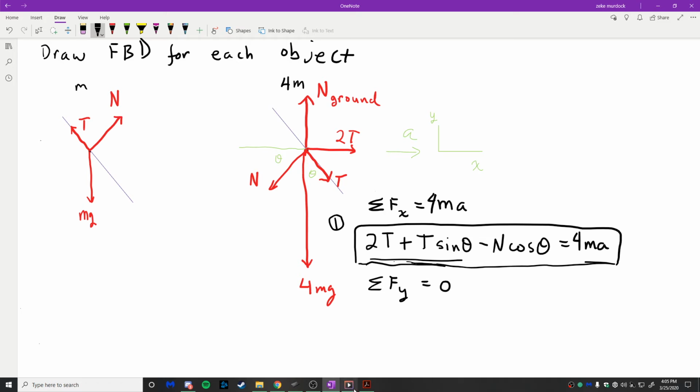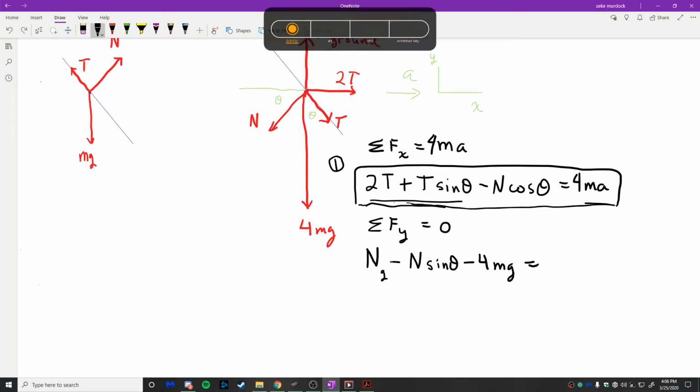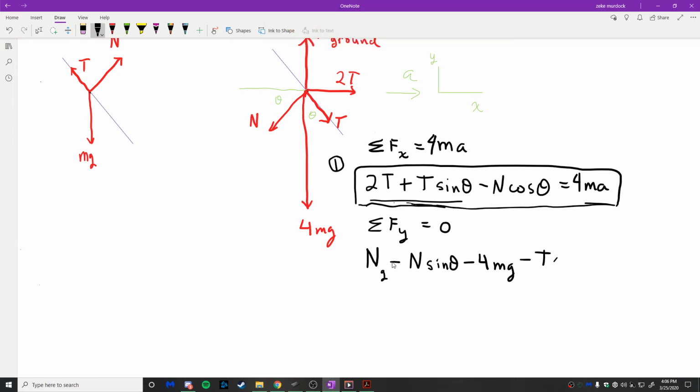We aligned our acceleration along the x direction, so in the y direction, if we make up positive, we're going to have the ground force pointing up, so the normal force with the ground, minus the component of N, which is going to be N times the sine of theta, and then minus 4mg, and then minus T cos theta, is equal to 0. Okay, this equation we're not going to use, but this one we will.